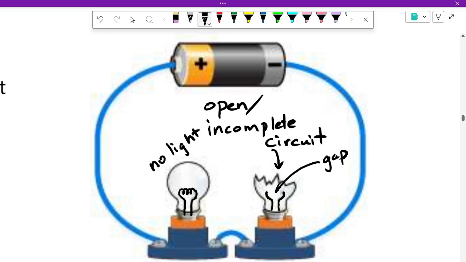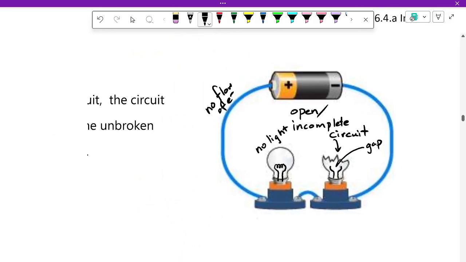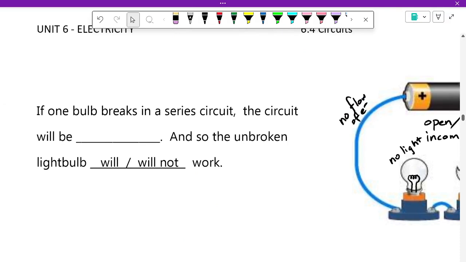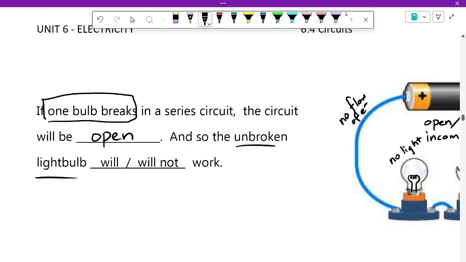No flow of electrons. So in a series circuit, if one bulb breaks, the circuit will be open and the unbroken light bulb will not work.